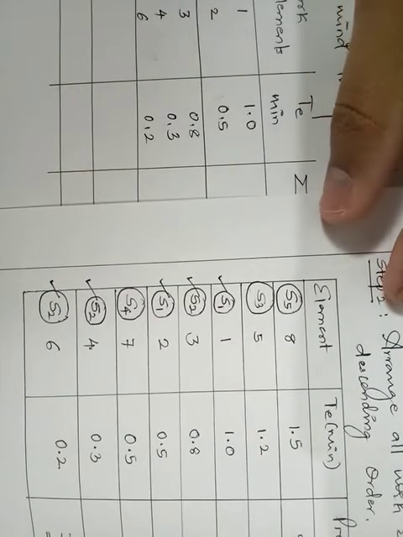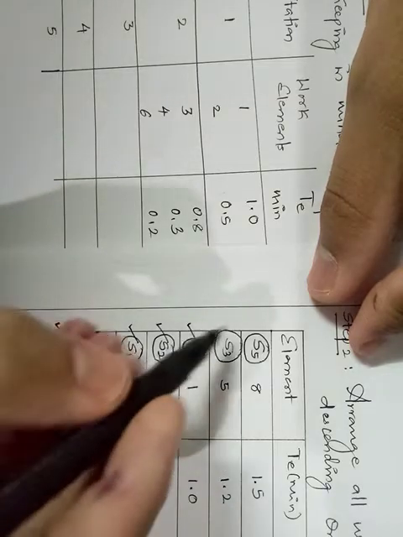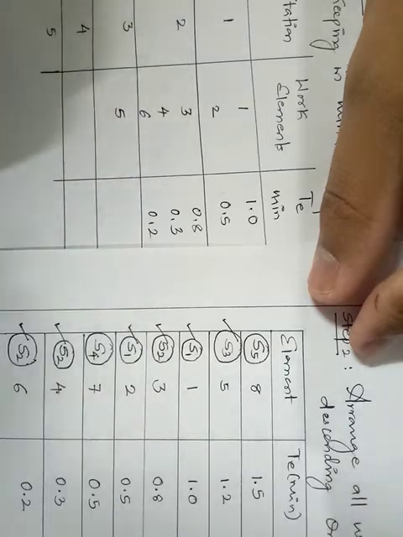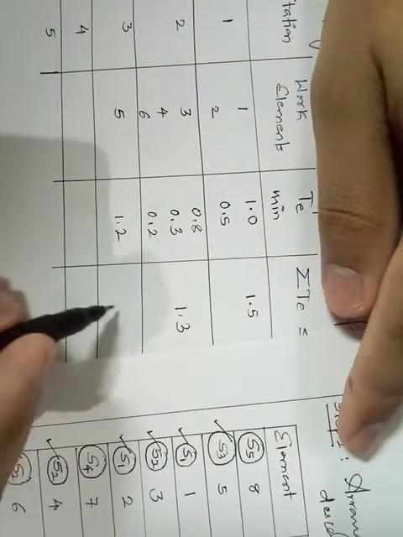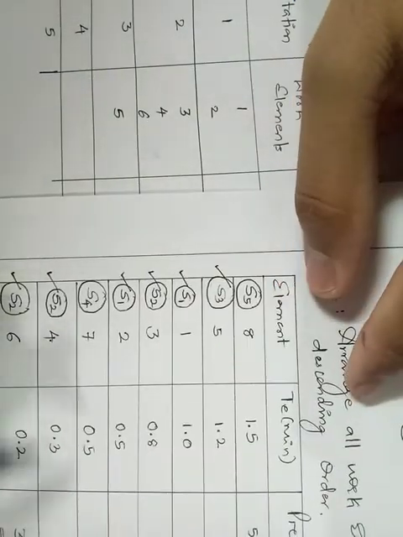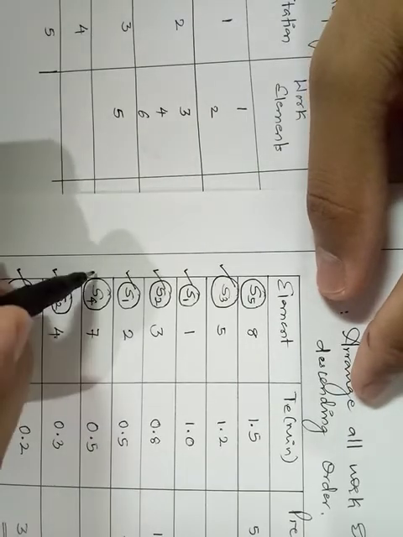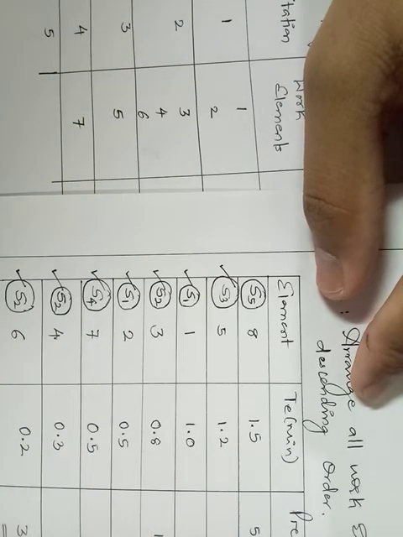At last, you need to write the work elements allotted for station number 3. Just check out where you are having station number 3. Work element allotted is element number 5. Time required is 1.2, which is less than 1.5. Station number 4, work element allotted is 7.